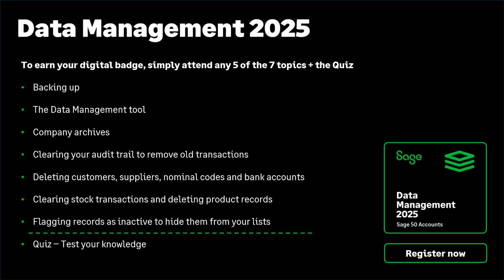Okay, so just a little bit more about the badging series. To earn your digital badge, you need to attend 5 out of 7 topics and the quiz. So as you can see, we've got plenty of sessions for you to attend. We've got backing up, the data management tool, company archives, which is what we're going to be covering today.